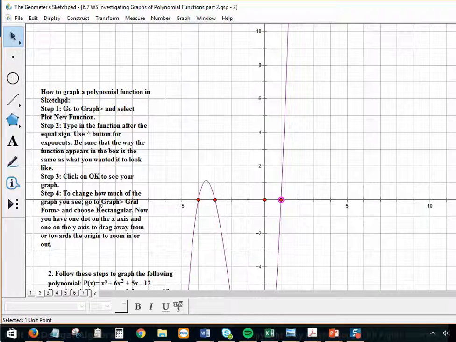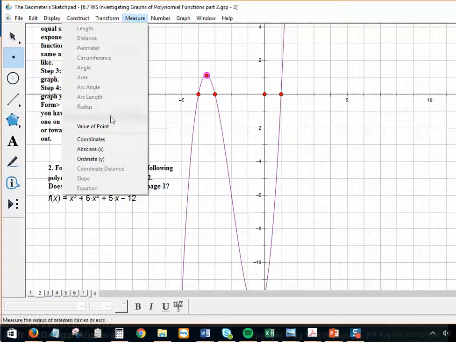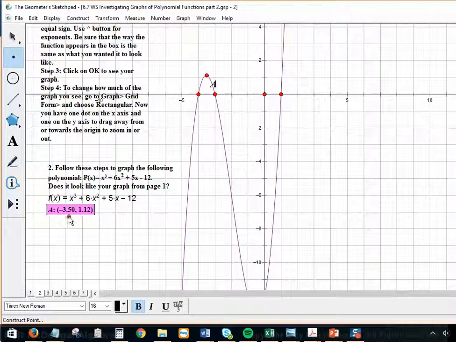This one you just have to graph, but on some of the other problems you'll be answering what is the local maximum and local min. So in this one, the local maxima would be right about here. You can go to measure coordinates, and you can find that the local maxima is at approximately 1.12, the y value of that.